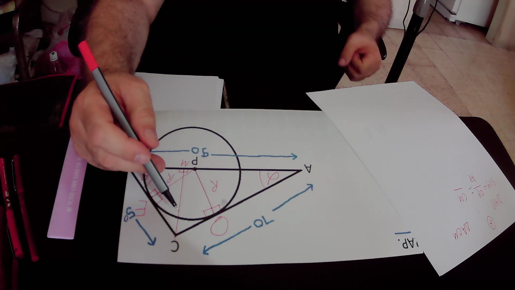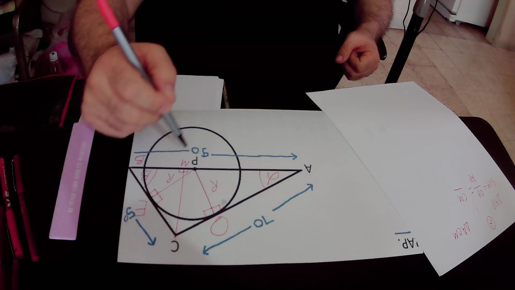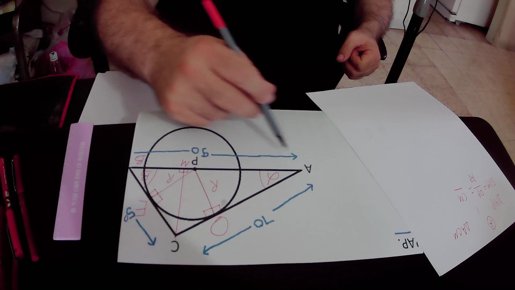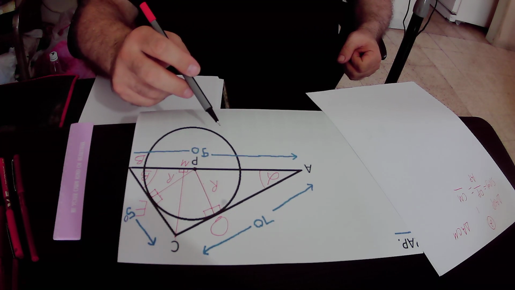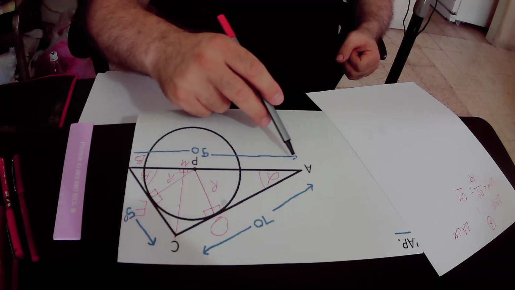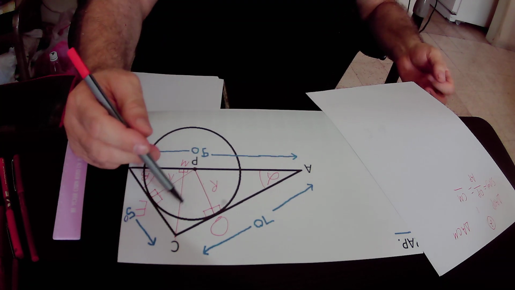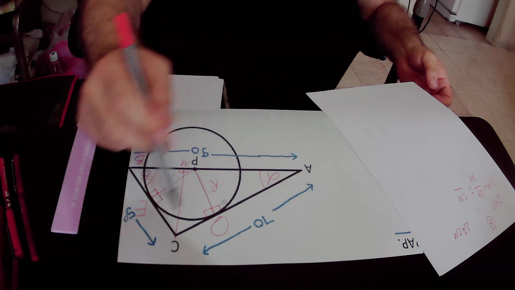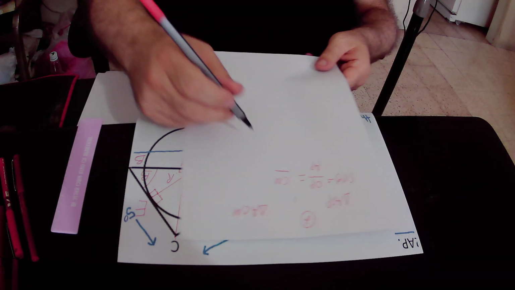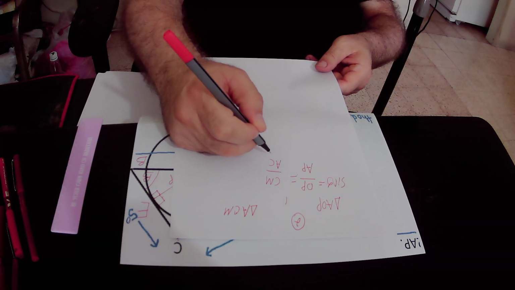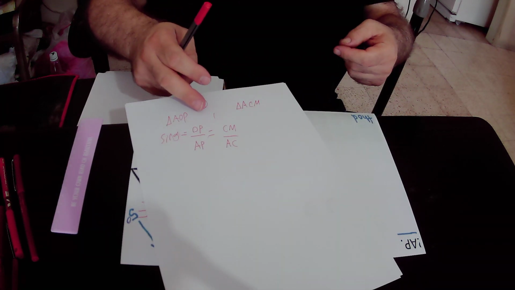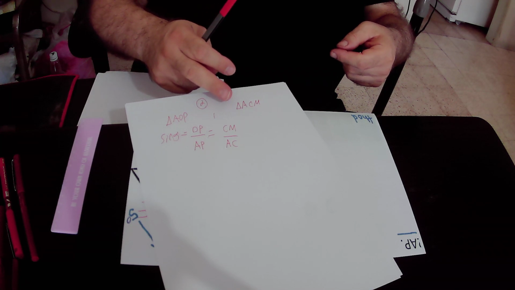As you can see here, side CM of triangle ACM is perpendicular to side AM, so the only side that is left as hypotenuse is side AC. So it is actually CM over AC. That is the hypotenuse of the right triangle ACM. Okay, CM over AC. So in total we got that sinus alpha equals OP over AP, that equals CM over AC.